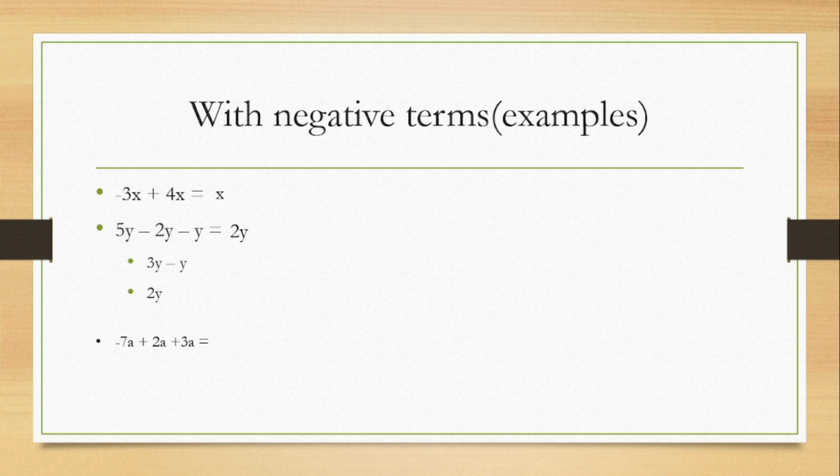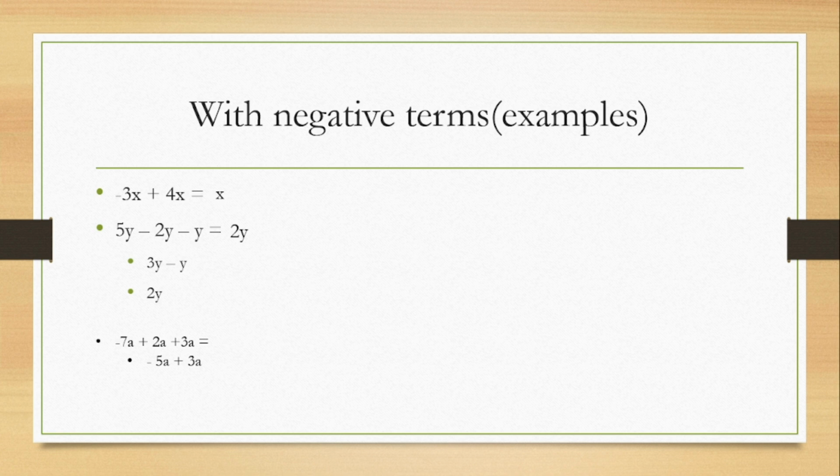So same goes with this example. Since we see that 7a is negative and then 2a is positive, 7 is bigger than 2. So we take the sign of the 7 and then we just subtract. 7 minus 2 is 5, and that 5 is negative because of the negative 7, right? Then we just go down with a, and then we check between 5 and 3 which one is bigger.